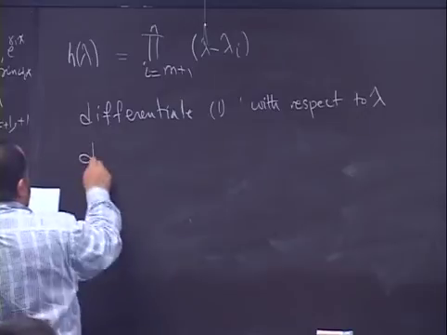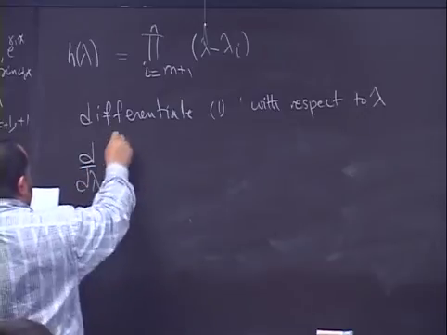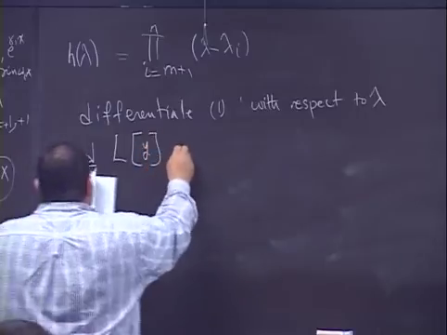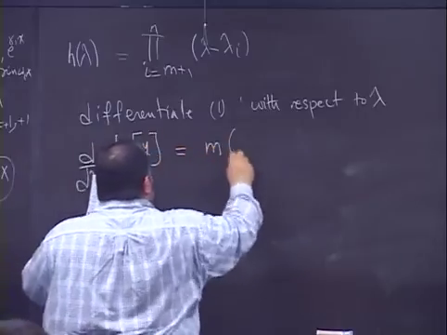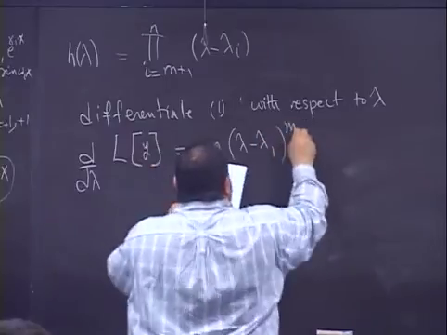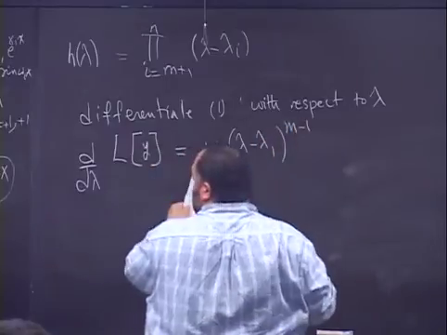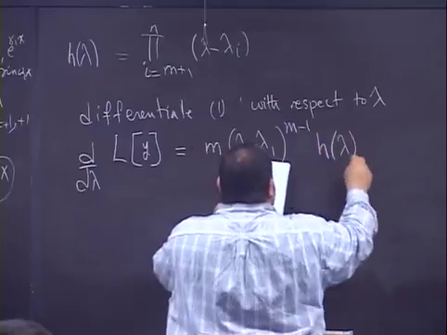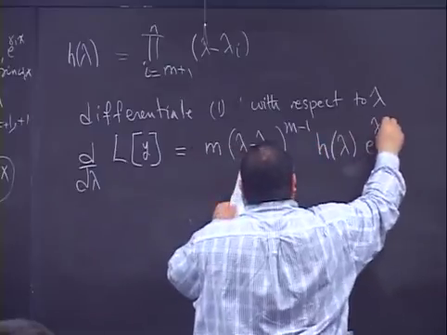So if you differentiate d by d lambda for Ly, this will give you m multiplied by lambda minus lambda 1 to the power of m minus 1 multiplied by h as a function of lambda e to the power of lambda x.